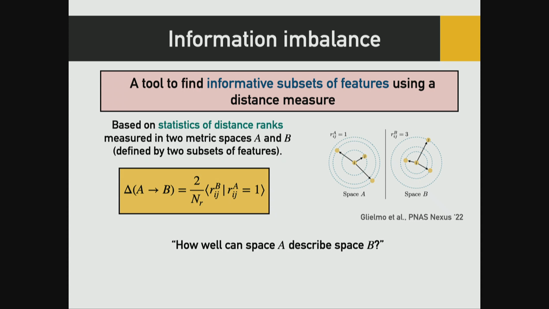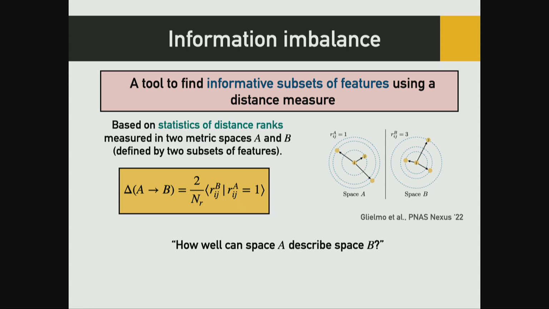So the corresponding distance rank in B, in this case, would be 3. And then the information imbalance is computed essentially by this conditional expectation value of the ranks in space B, conditioned on the points that are nearest neighbors in space A.